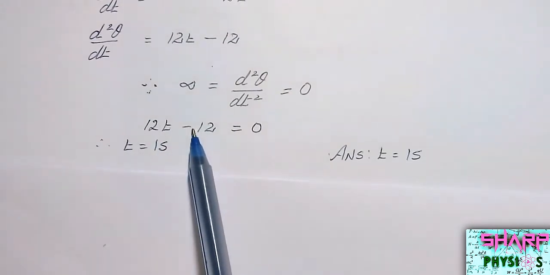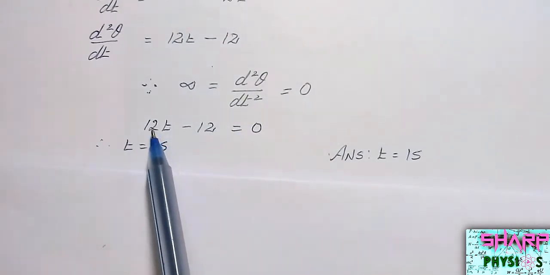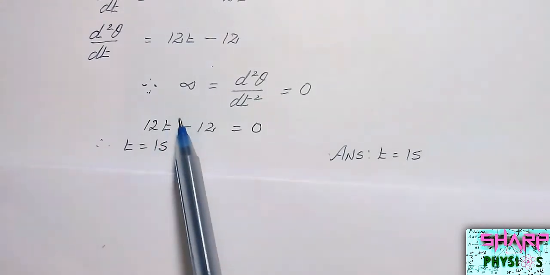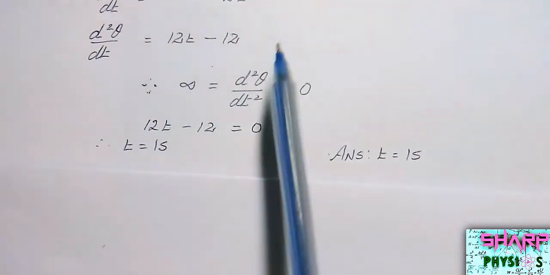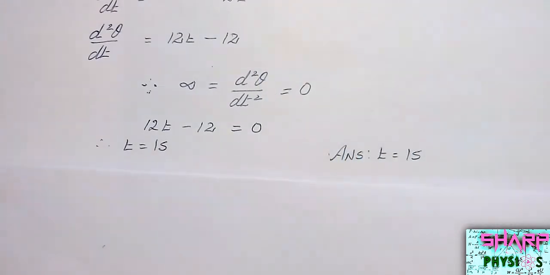Just bring this minus 12 to this side and 12t on this side, then solve it, you get t is equal to 1 second. So you get the answer t is equal to 1 second.